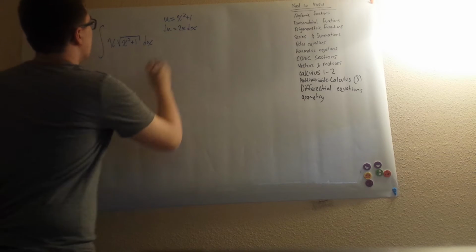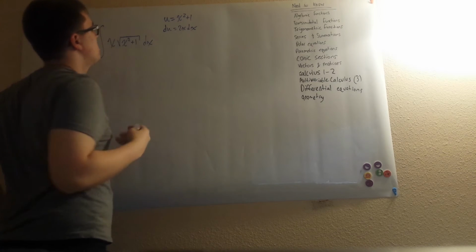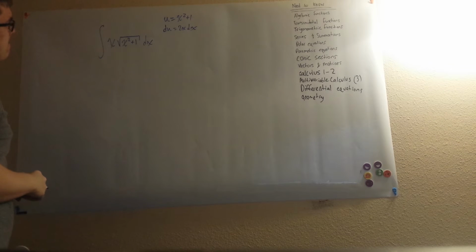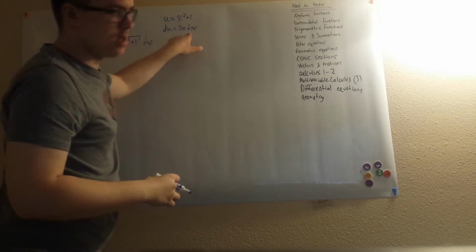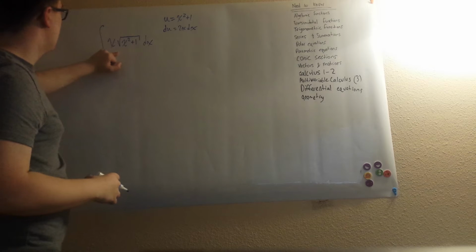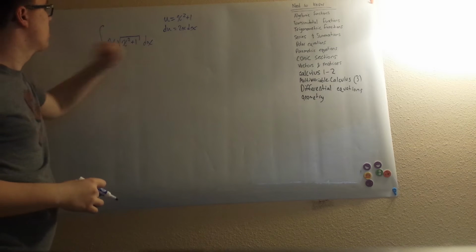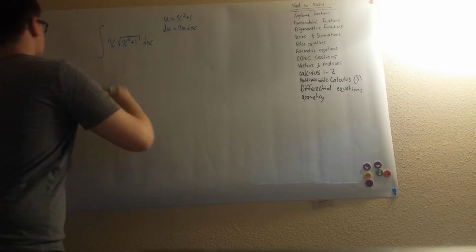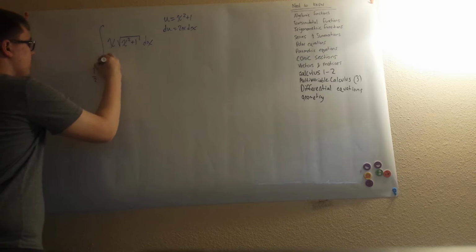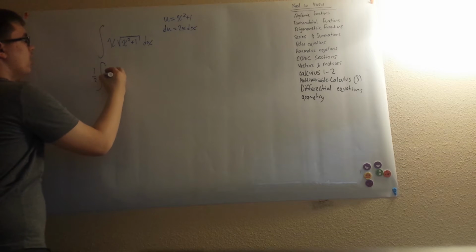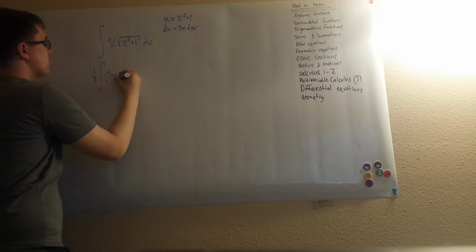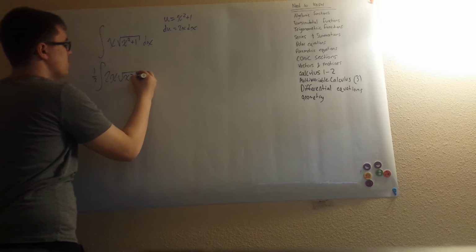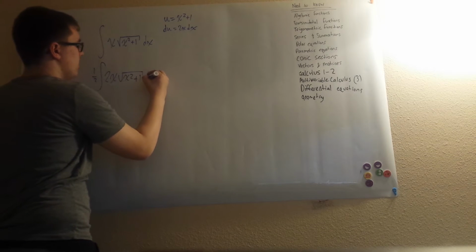Okay. Well, can't I just substitute? Wait a second. Do I see a 2x dx anywhere here? I see an x. I see a dx. How do we get the 2? Just put a 1/2 out here. We get the integral of 2x root x squared plus 1 dx.